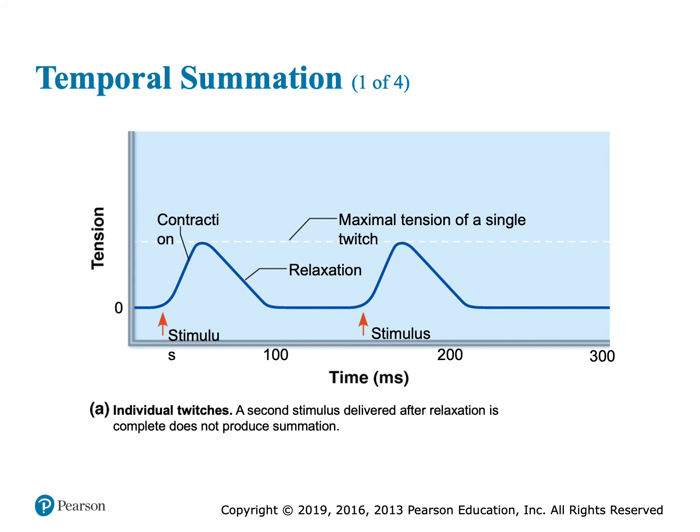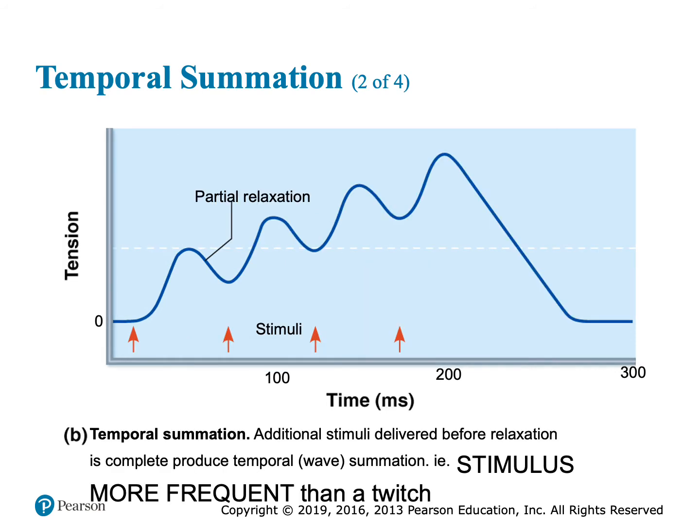This is an individual twitch, by the way. So, if this shows a single twitch, we're contracting, then we're coming all the way back down to relaxation. We're going to get a stimulus, we're going to contract, and we're going to relax. So those are twitches.